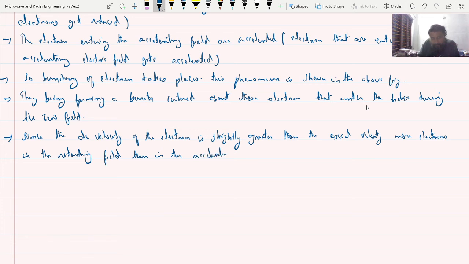Keep in mind, okay. If the DC velocity of the electron is slightly greater than the axial velocity, more electrons will be there in the retarding field than in the accelerating field, okay.